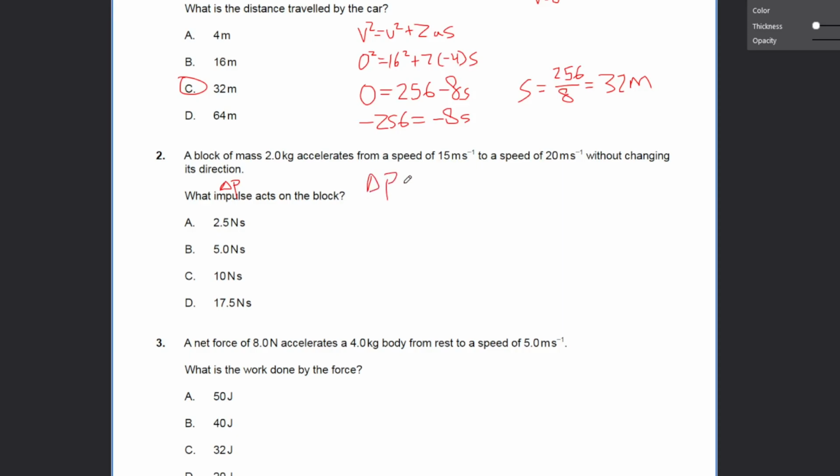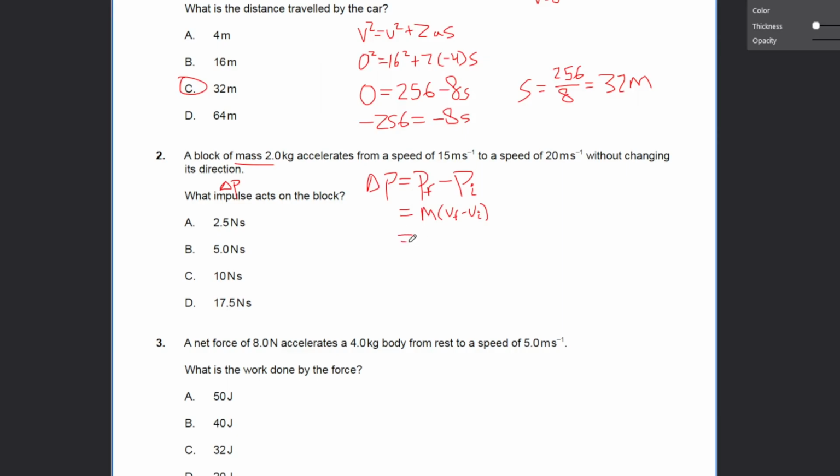And we can write the change in momentum as the momentum final minus the momentum initial. And since mass is going to be constant here, we can say mass times velocity final minus velocity initial is equal to impulse, because momentum is equal to mv.